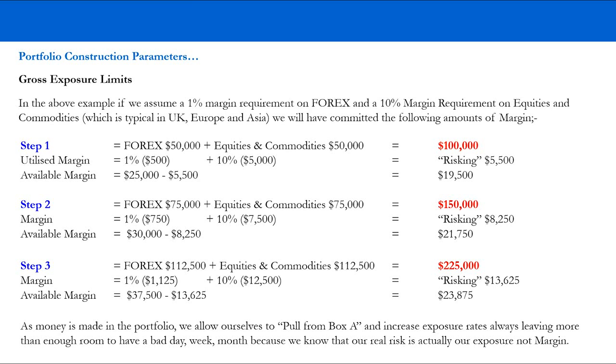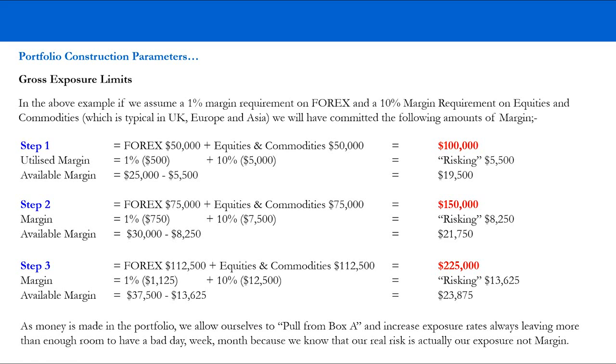So in total, we're risking $12,375. That's the portion of the margin we're risking. The available margin is the margin that we started off with at the beginning of step 3, $37,500, minus what we're risking, leaving a cushion against a margin call.